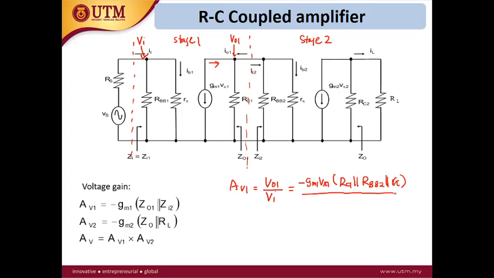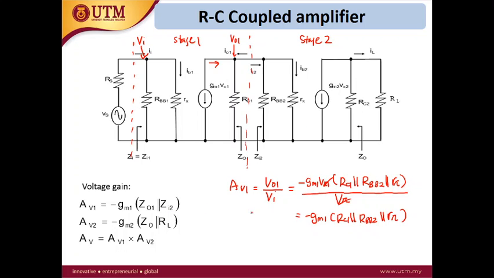And then this is divided by VI, which is equal to V pi, so it can be cancelled out. You get gm1 RC1 parallel with RBB2 parallel with R pi. Okay. RC1 is the output impedance Z out of the first stage. RBB2 parallel with R pi is the input impedance of the second stage.